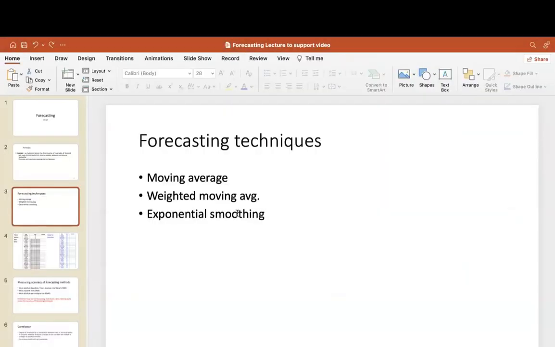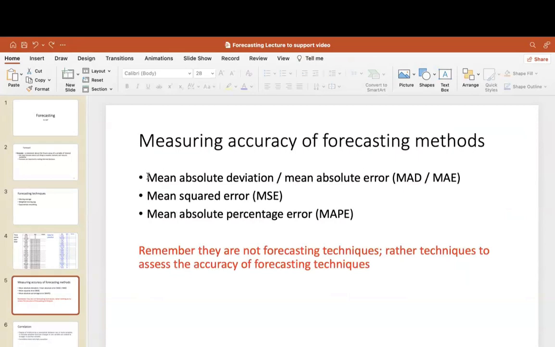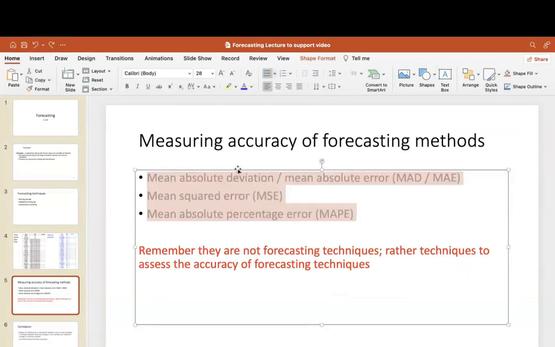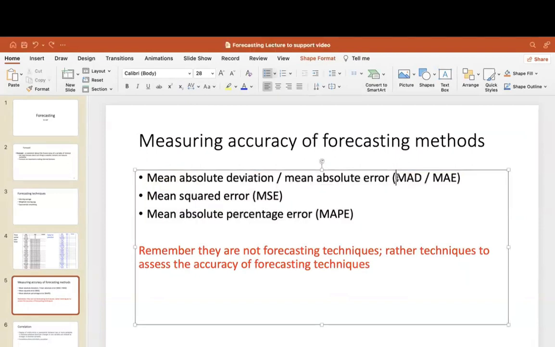Which technique is better? Is moving average better, weighted moving average, or exponential smoothing? Now, the answer to this question will come from another set of techniques we are going to study now. They are these three: mean absolute deviation, also called mean absolute error, or we will just call it MAD or MAE, mean squared error, and mean absolute percentage error.